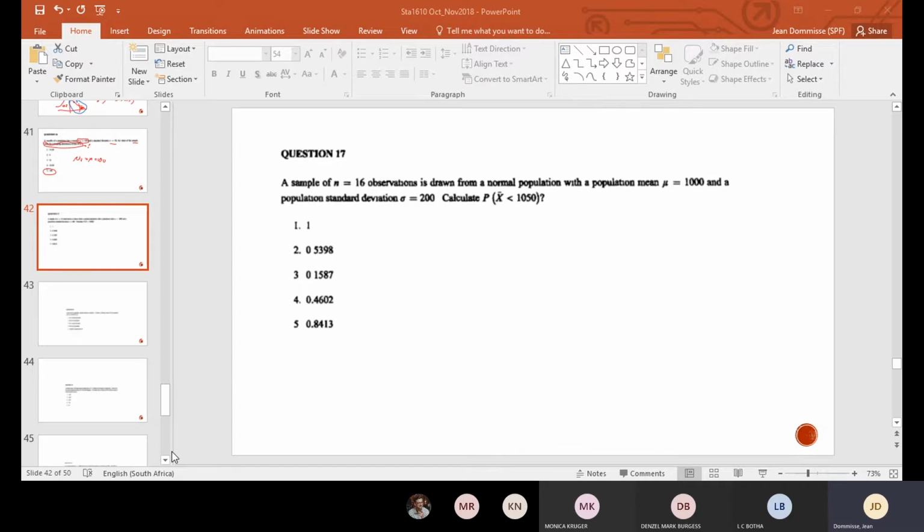Very interesting. The last part of this paper is nearly the same as the June paper. So there's just one or two that are actually different. Then I want to see if I can log into the MyUnisa website and see if I can get access to that online paper, because that would be cool.